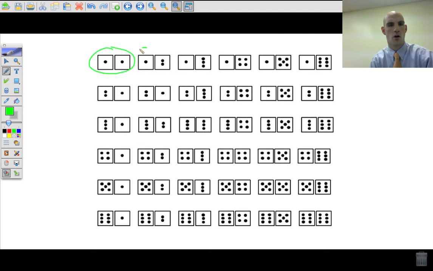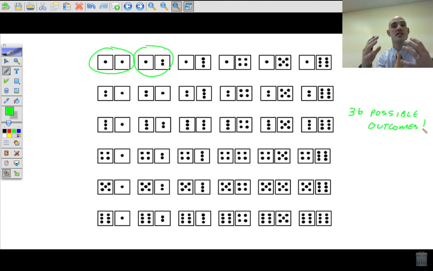A 1 and a 1, a 1 and a 2, 1 and a 3, 1 and a 4, etc., etc. If we go down, we have 1 and 1, 2 and 1, 3 and 1. Okay, so this is the chart. How many possible outcomes are there? There's 36 possible outcomes.